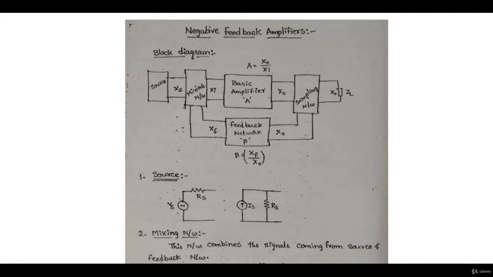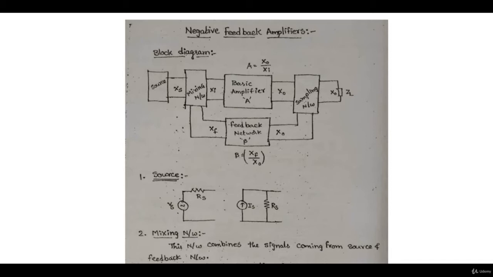Okay, so let's look at the negative feedback amplifier. We have seen why we require negative feedback: we had to increase the input resistance and decrease the output impedance.